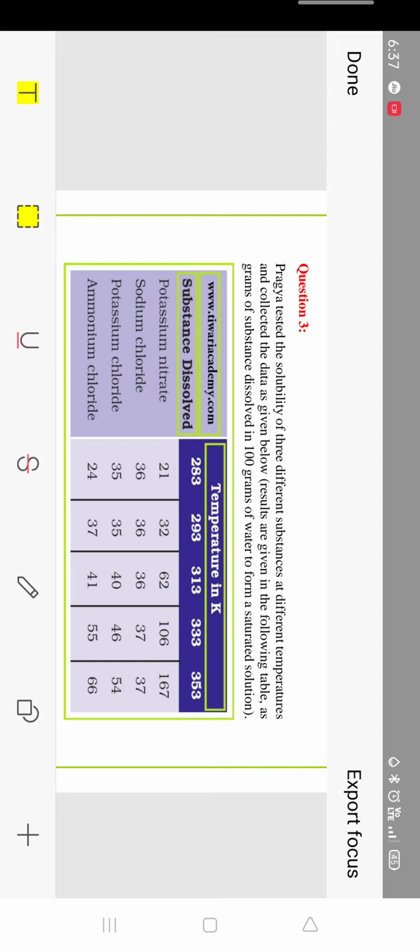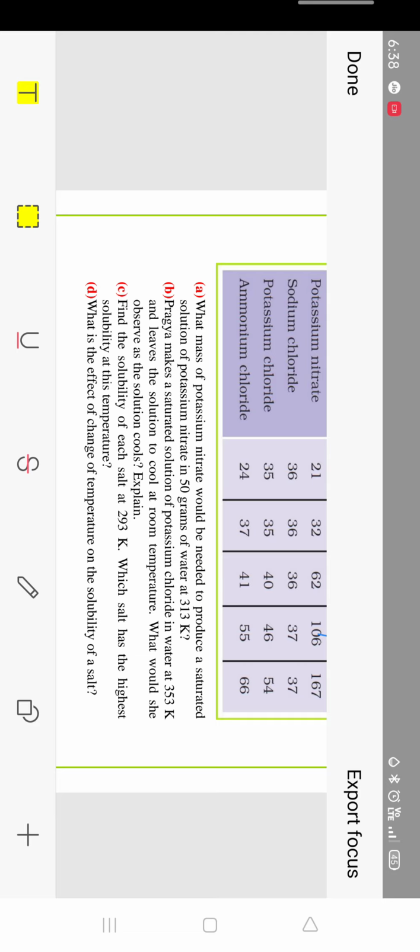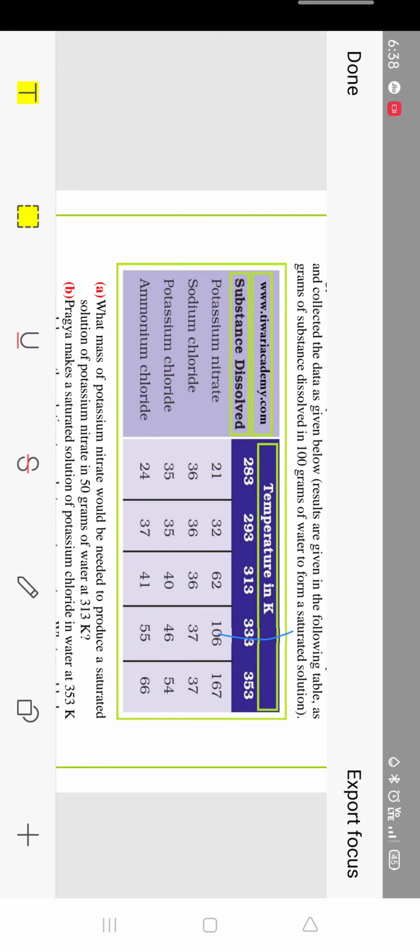Different substances are written here: potassium nitrate, sodium chloride, potassium chloride, and ammonium chloride. Now the question is, what mass of potassium nitrate would be needed to produce a saturated solution of potassium nitrate in 50 gram of water at 313 Kelvin?